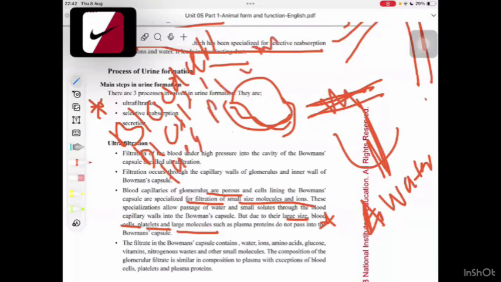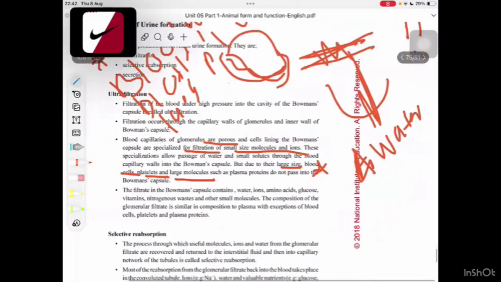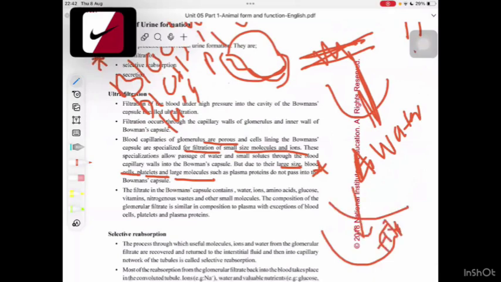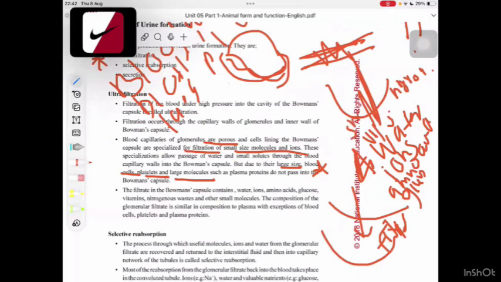Now let's see what are the things that pass. After something is filtered into the Bowman's capsule, we call this the filtrate. So the filtrate in the Bowman's capsule contains what? Water, ions, amino acids, glucose, vitamins, nitrogenous waste like urea, and small molecules.